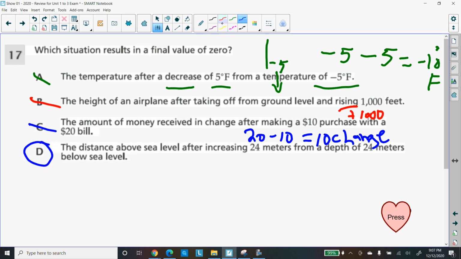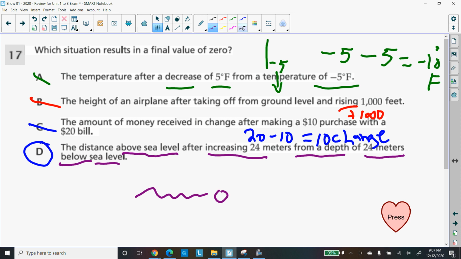So let's take a look at D. The distance above sea level after increasing 24 meters from a depth of 24 meters below sea level. Well, if you remember when we were talking about it, the sea level is at 0.